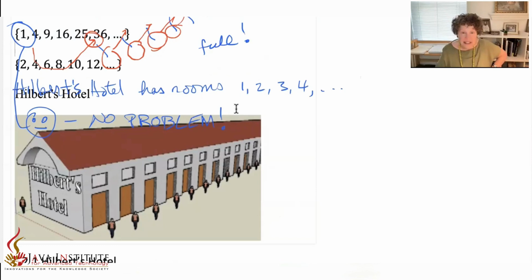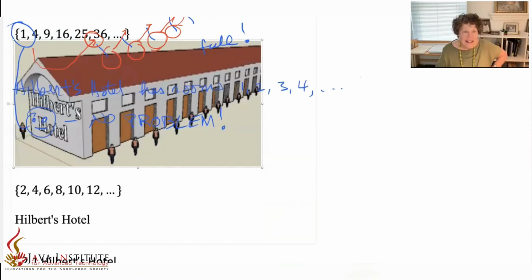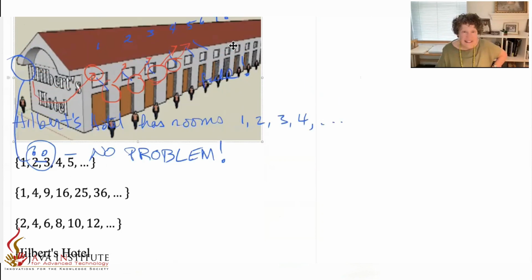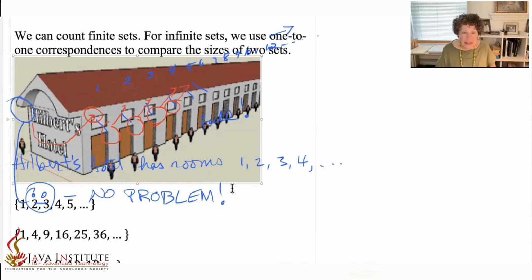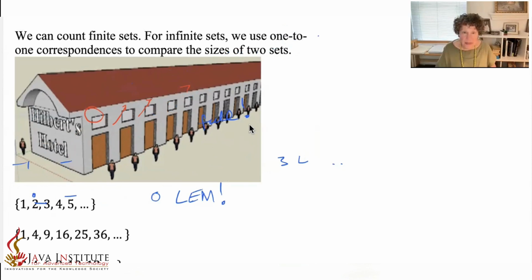I can move this. Let's see if I can get this in the right place. People are worried about the last guy. Oh dear. Okay, I know what to do. Yeah, because we really do have to worry about that last guy. He's an important customer.